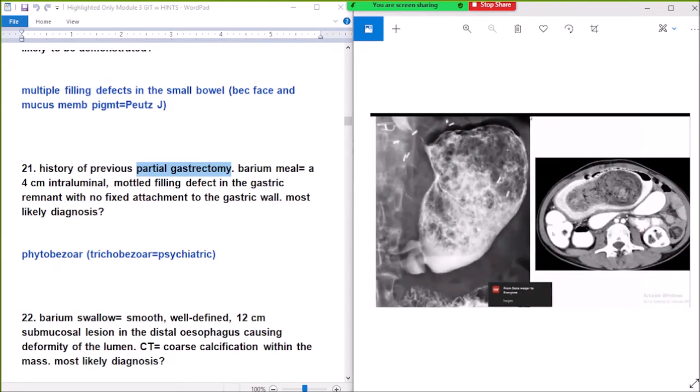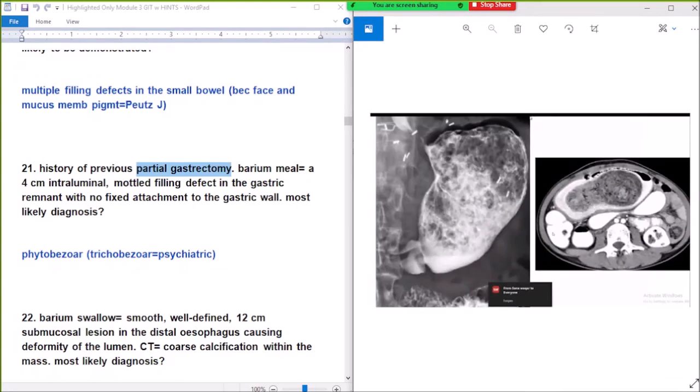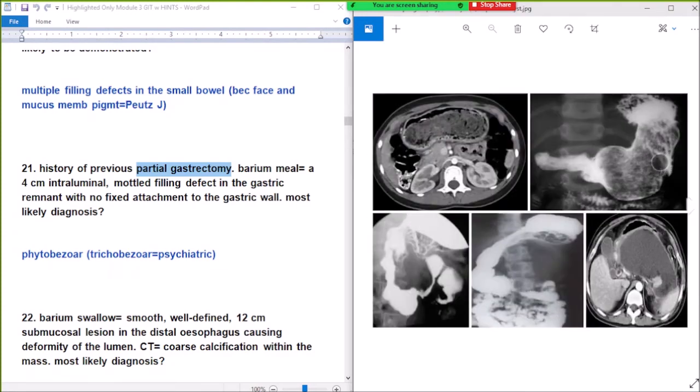Diagnosis: phytobezoar or bezoar. Barium meal or CT scan shows a mottled filling defect in the gastric remnant with no fixed attachment to the gastric wall. Diagnosis: bezoar. These both are bezoars.